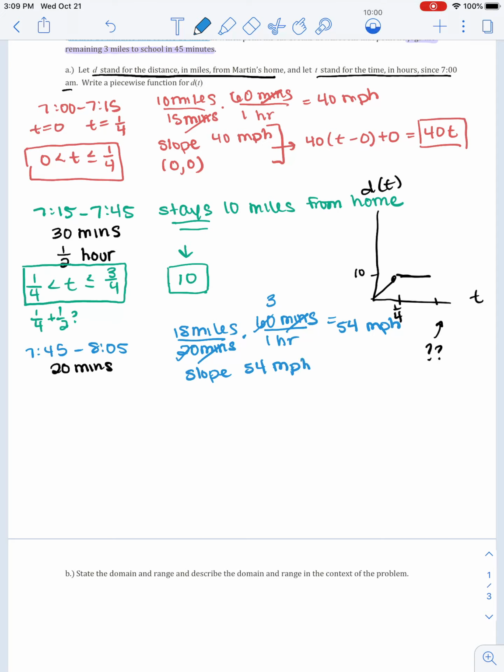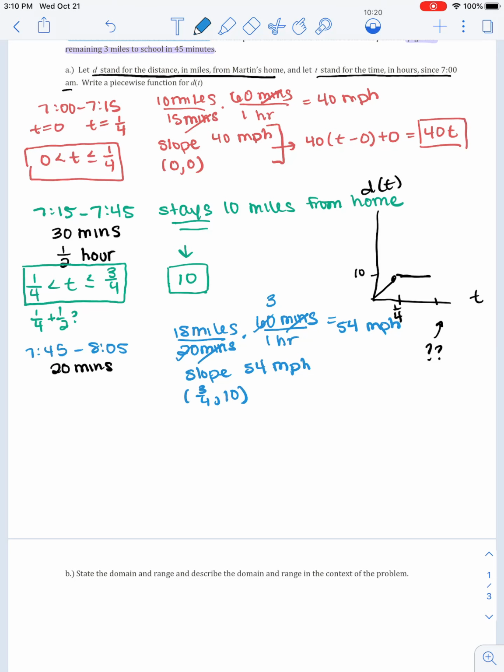The point that started this segment, I'm going to choose to use the starting point of this segment just to keep it consistent. The point that started this segment was the point (3/4, 10), which said that at 7:45, 3/4 of an hour after 7, Martin was 10 miles away from home.